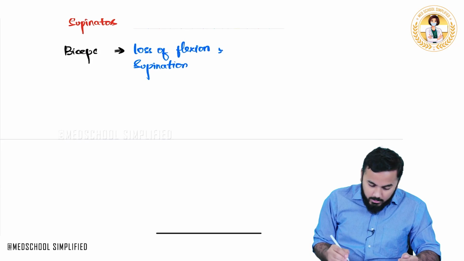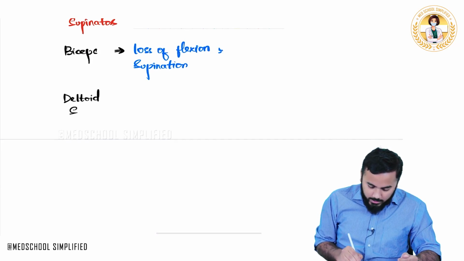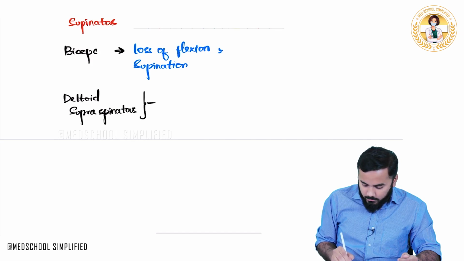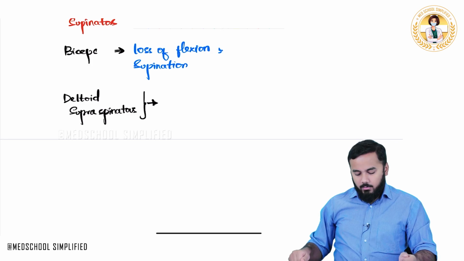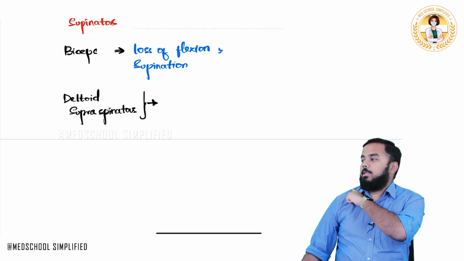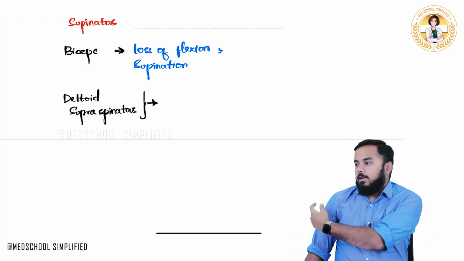Next important thing, coming to deltoid as well as supraspinatus. Now what do these muscles do? See, supraspinatus comes all the way like this. Deltoid is also present.